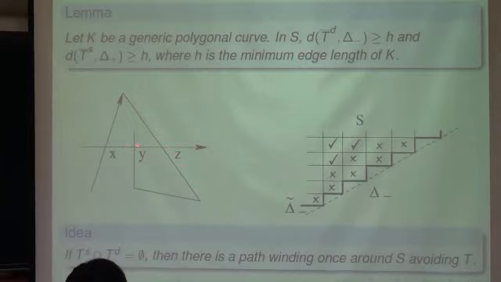In fact, generic requires that no 4 vertices are coplanar. Okay? That's part of the definition of generic. And so I will never see x, y, z and then another line. I will always need an extra edge length.